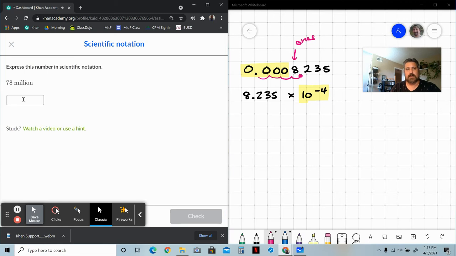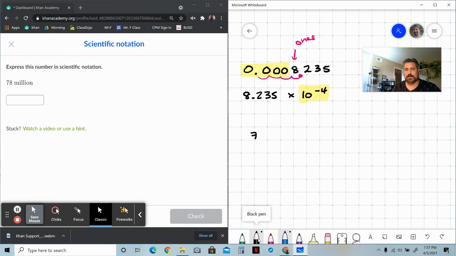And this one's 78 million. So for 78 million, what you're going to do is say 78 times 10 to the 6th. Why 10 to the 6th? Because a 1 with 6 zeros is 1 million. All right? But you want the decimal to be between the 7 and 8. So what you're going to get is 7.8 times, since you moved that decimal place 1 place to the left, you got to expand it back out.